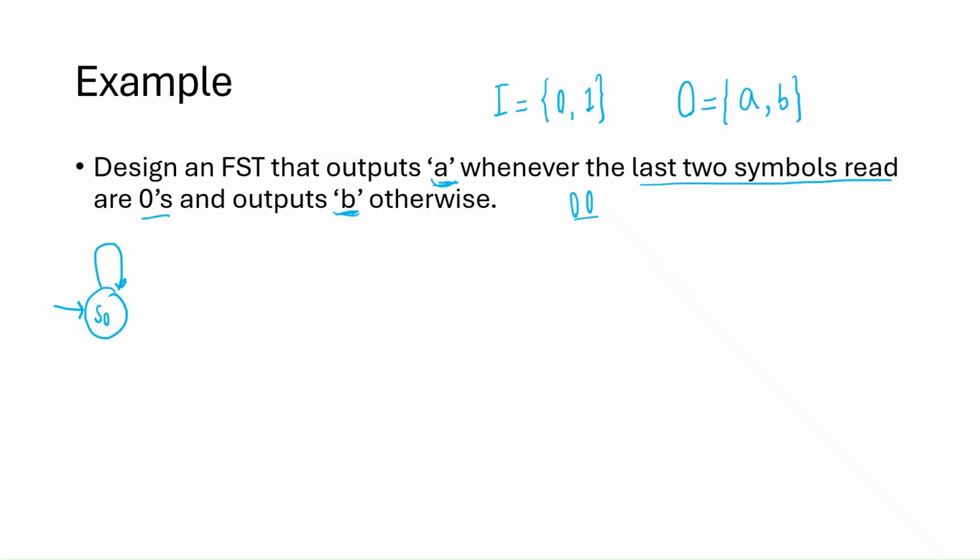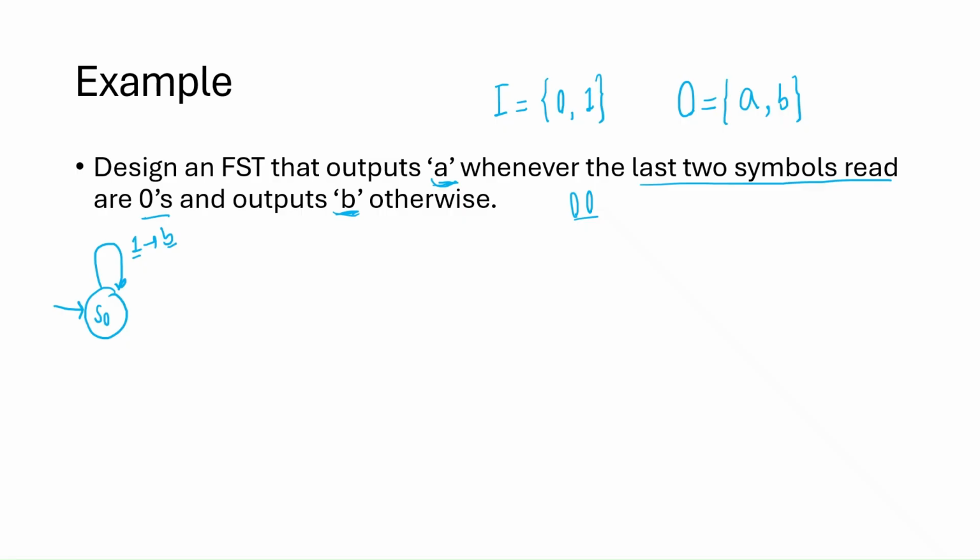Now, the reason that we need to do that is because, so on input 1, we output a B and we stay at S0. The reason that we don't transition to a different state is, if you remember in the previous video, we talked about what these states represent. These states represent what the machine needs to remember.